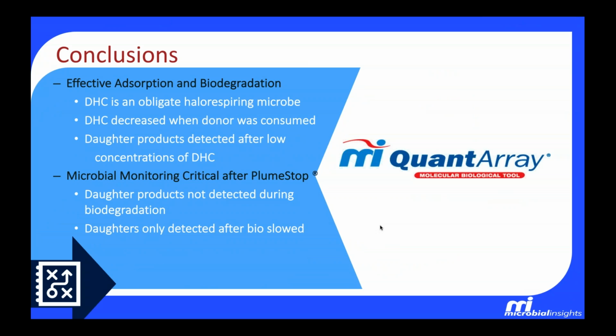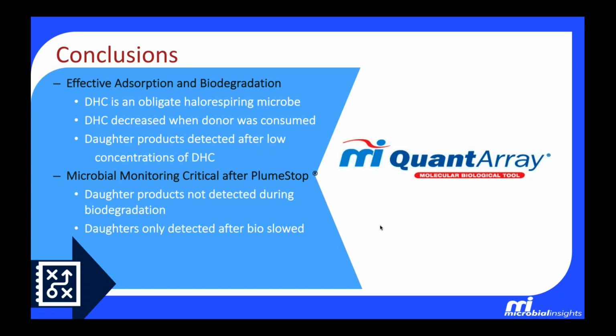So the conclusion of this first case study is that plume stop combined with HRC and bioaugmentation resulted in effective adsorption and biodegradation. You know, Dehalococoides is an obligate halorespiring organism, and there's no way that a population of 10 to the 4 cells per mil is going to be maintained for 9 months if these organisms aren't active.